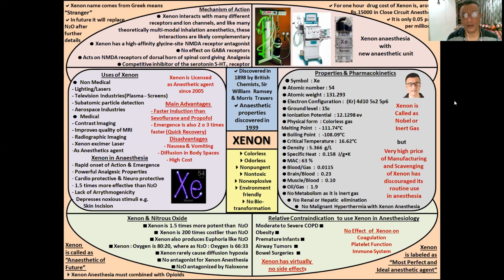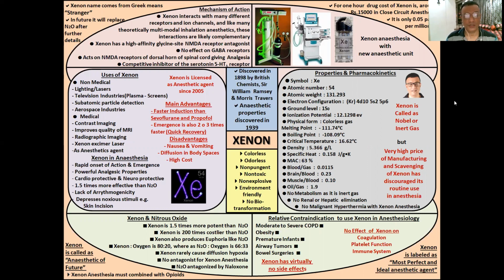It is a colorless, odorless, non-pungent, non-toxic, non-explosive gas. It is similar to nitrous oxide, but how does it differ? Xenon is 1.5 times more potent than N2O. Xenon is 200 times costlier than N2O. Xenon also produces euphoria like N2O.